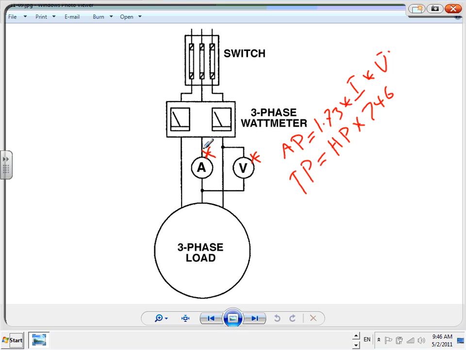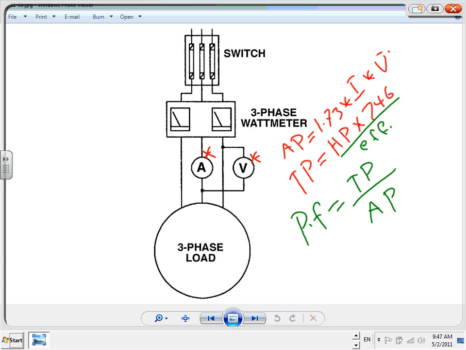True power out over true power in, so don't forget to divide by the efficiency. That's how you find the true power in of a motor: horsepower times 746 divided by the efficiency. And to find the power factor of a motor, piece of cake, true power over apparent power.